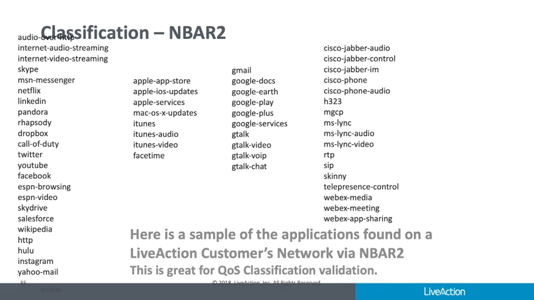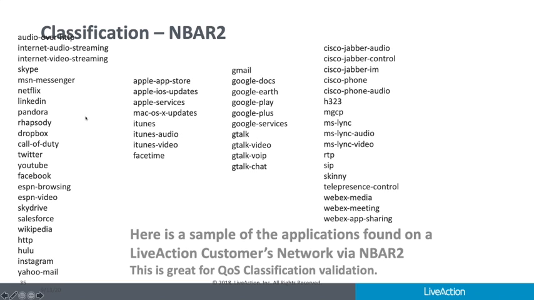NBAR is also one of the really useful features when it comes to QoS deployment. Instead of trying to create multiple ACLs for your traffic, NBAR will be able to help you mark the traffic based on the application name.